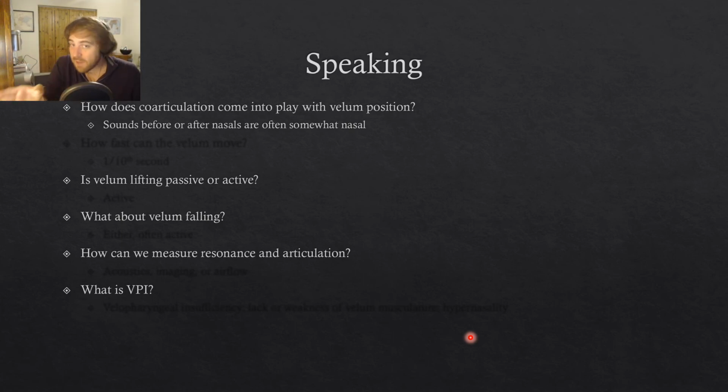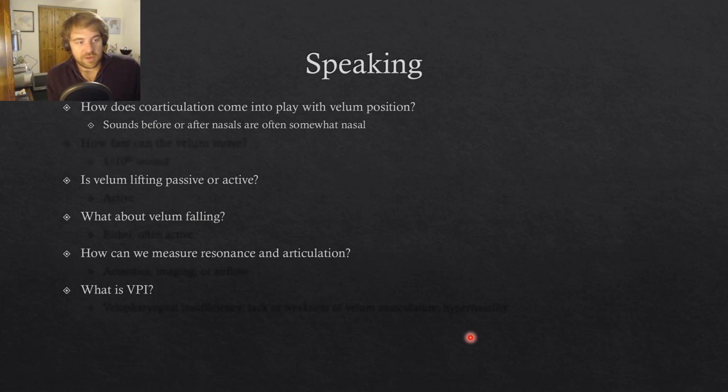If you say stop, then the velum is closed when you say the S. When you say mourns, it's open. So the S is a little bit different in either of those cases because it doesn't really matter for the S if you have the velum closed or open. You can make that sound one way or the other. And so that sound is somewhat nasal in mourns, and it's not at all nasal in the word stop.